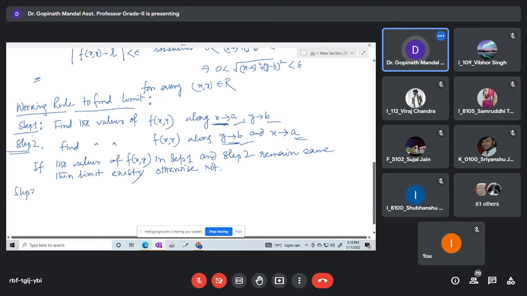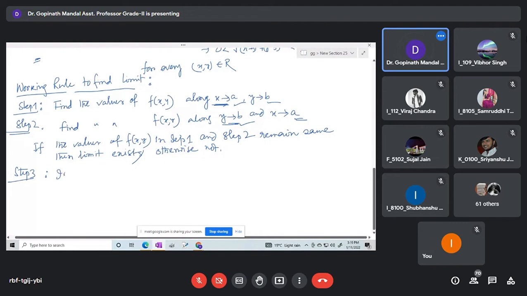Now step 3. Now if a tends to 0, that means a equal to 0 and b equal to 0, then find the limit along y equal to mx or y equal to mx to the power r.